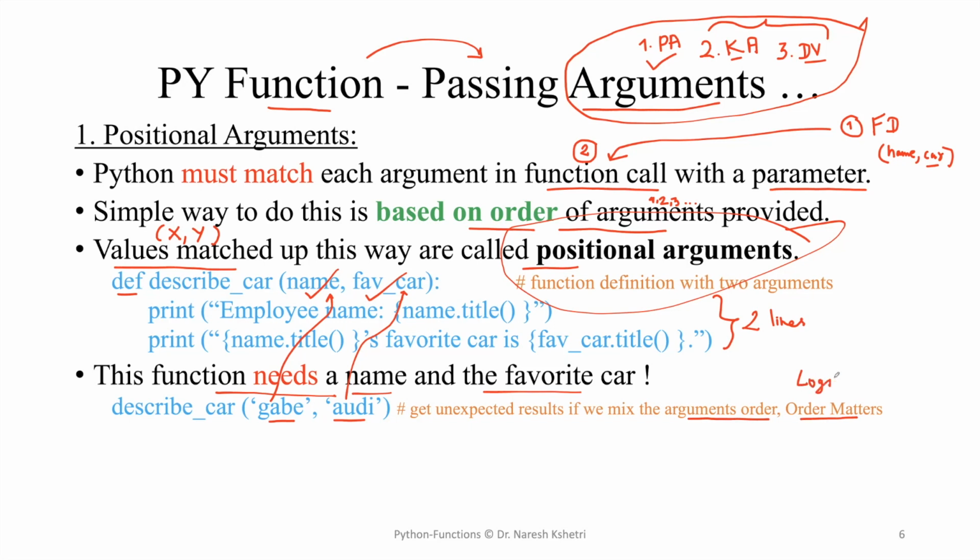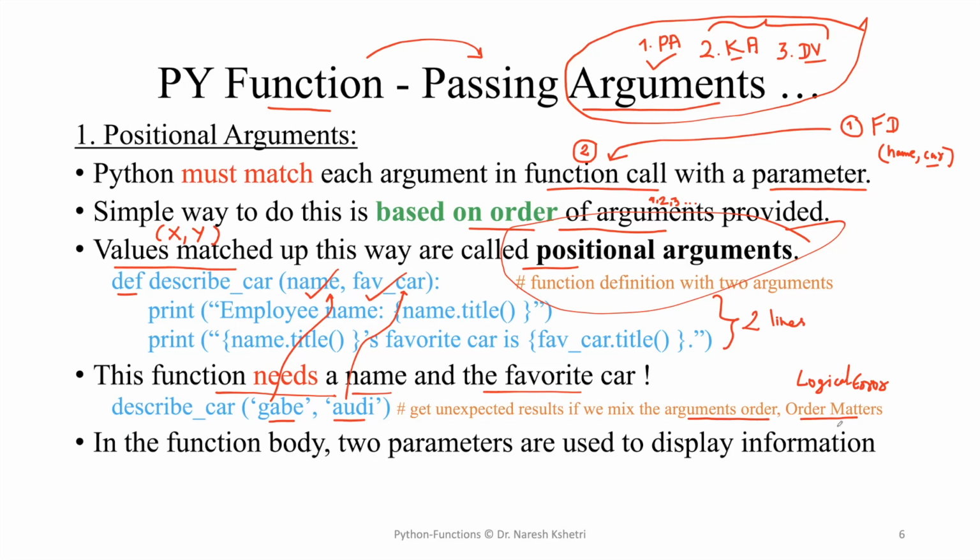We will see exactly how this happens in our Python implementation. In the same way, we can call our function as many times as we want. The second name is Owen and the second car is BMW. We can call it as many times as we want in the positional argument way in Python.